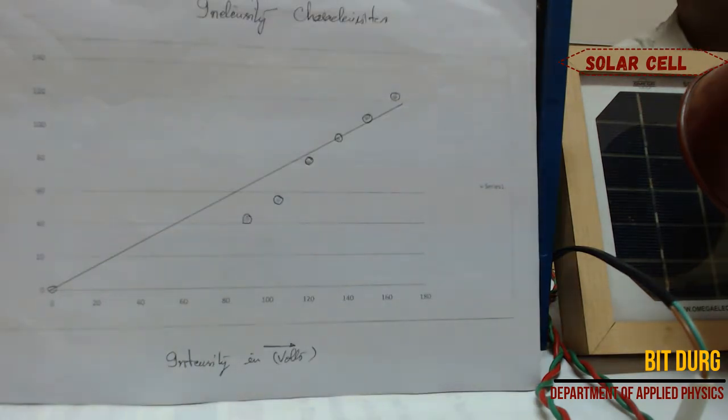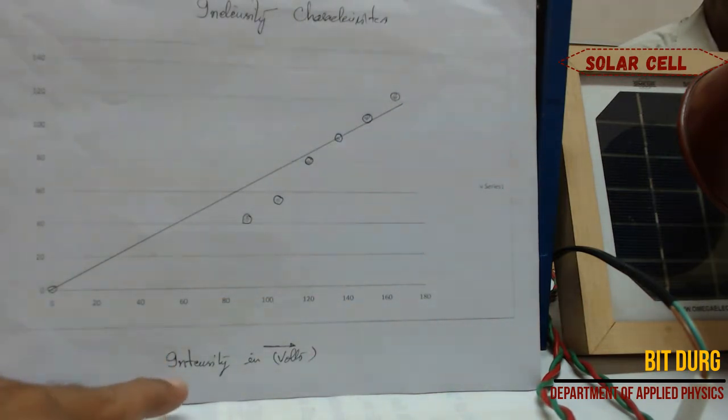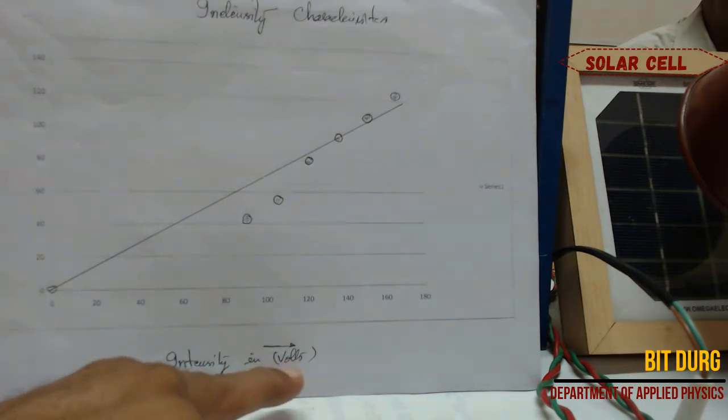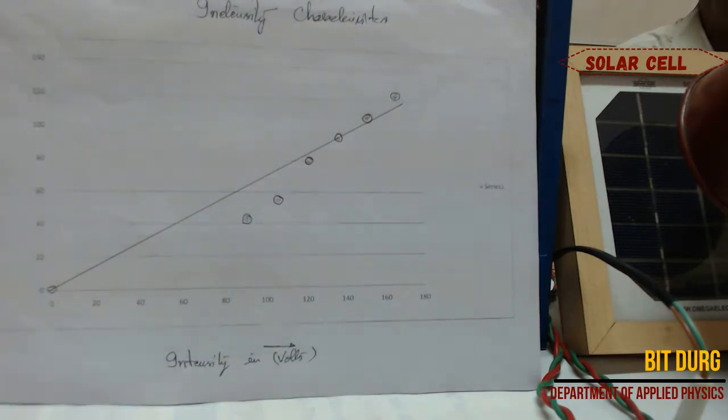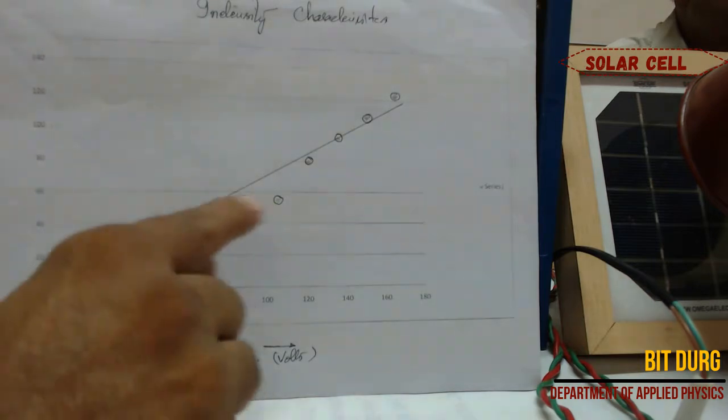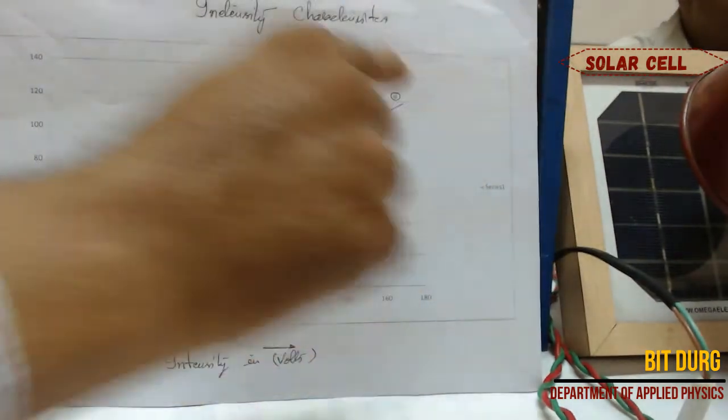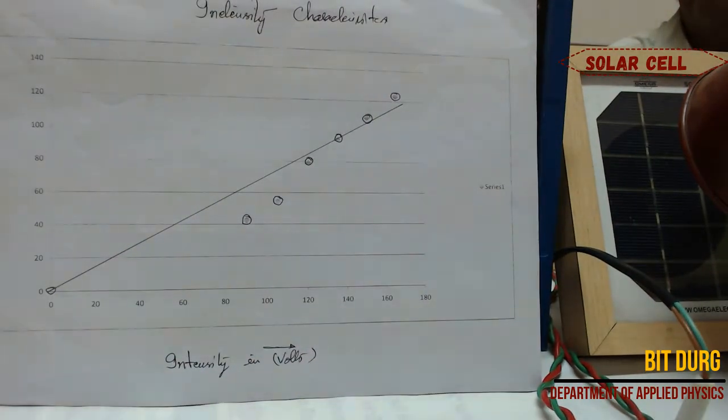When we plot the graph of the intensity characteristics or illumination characteristics, you can see on the x-axis we have plotted the intensity in terms of voltage applied across the lamp, and the current flowing in the circuit in milliamperes. When I plot the graph, I find so many points, point 1, 2, 3, 4, 5 and 6. Now I see that some points are out of the straight line.